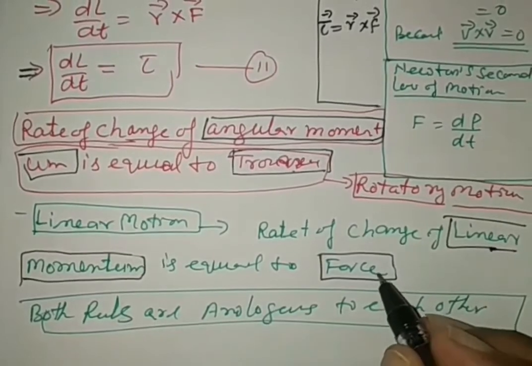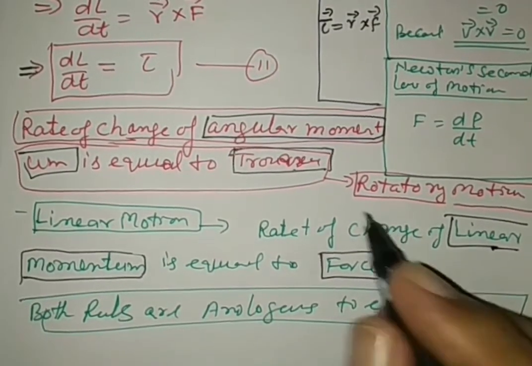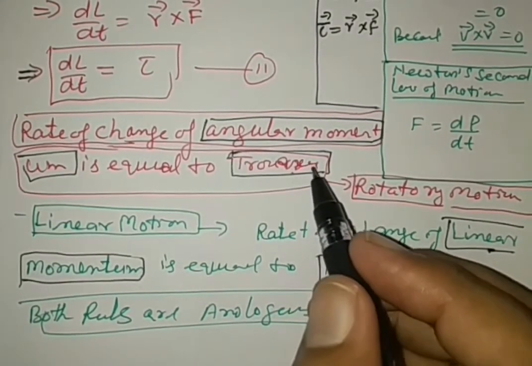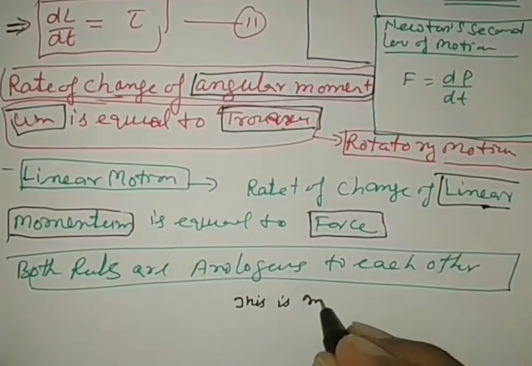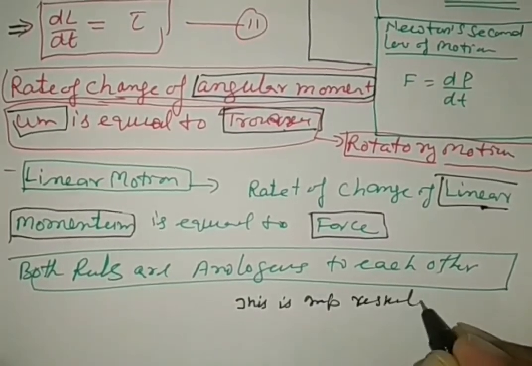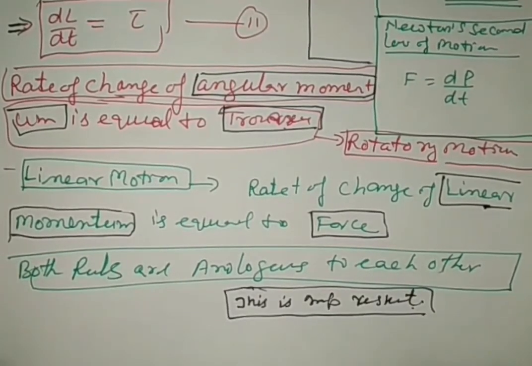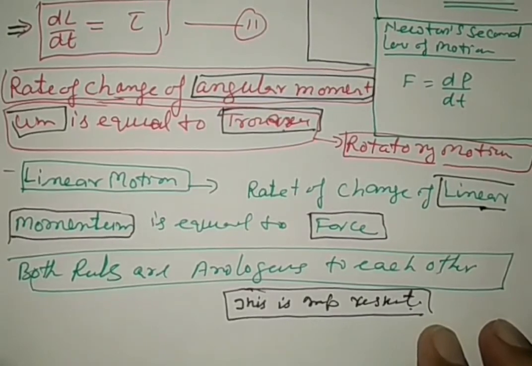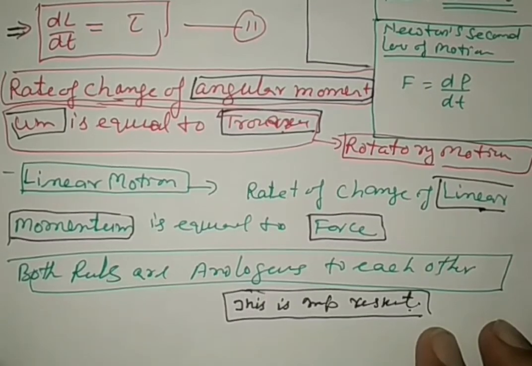The role of force in linear motion is the same as the role of torque, that is moment of force, in rotatory motion. This is an important result. In plenty of lectures I have spoken of this plenty of times. Children, you are requested to keep it in mind. So the smallest formula is dL by dt is equal to torque, that is, the rate of change of angular momentum is equal to torque.